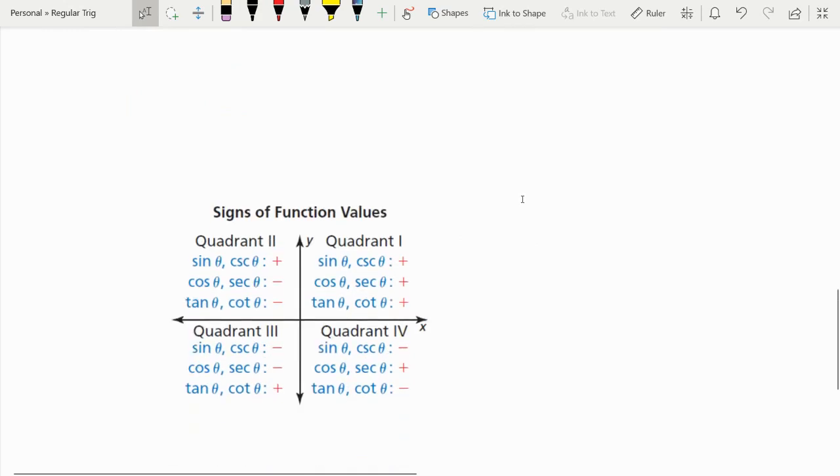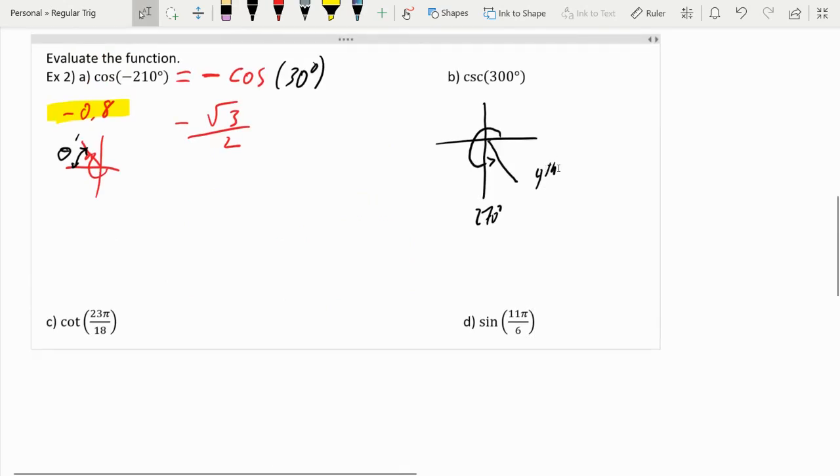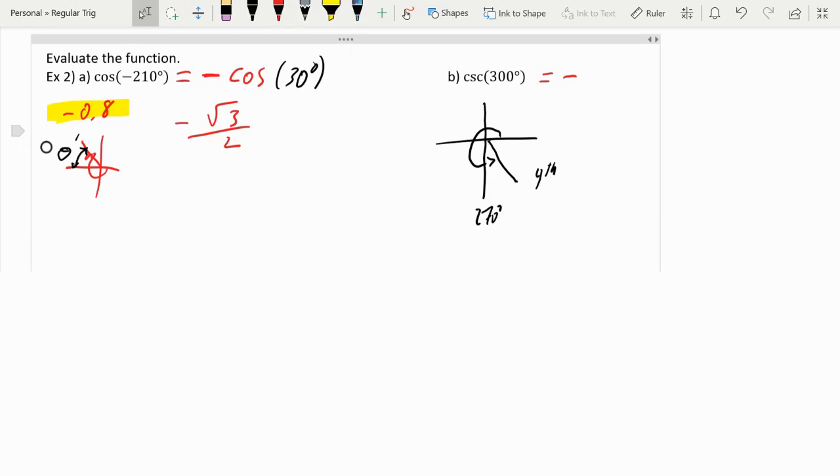Well, cosecant in the fourth quadrant, that answer would have been negative. So I know then my answer for this has to be negative.